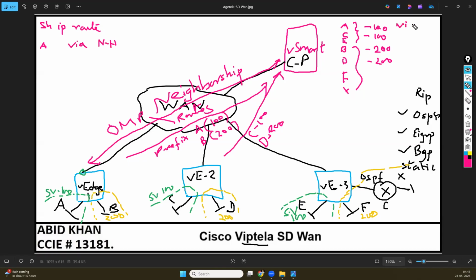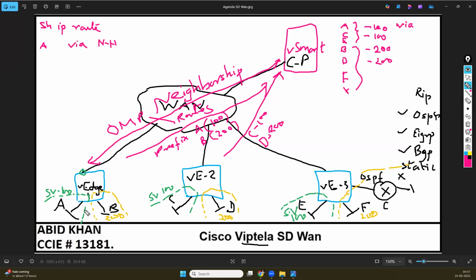When vEdge 1 is forwarding its prefixes to vSmart, it is forwarding the prefix plus the information of which service VPN the prefix belongs to. Because without a service VPN, there cannot be a route. You cannot send a route without a service VPN. It is mandatory, like VRF.